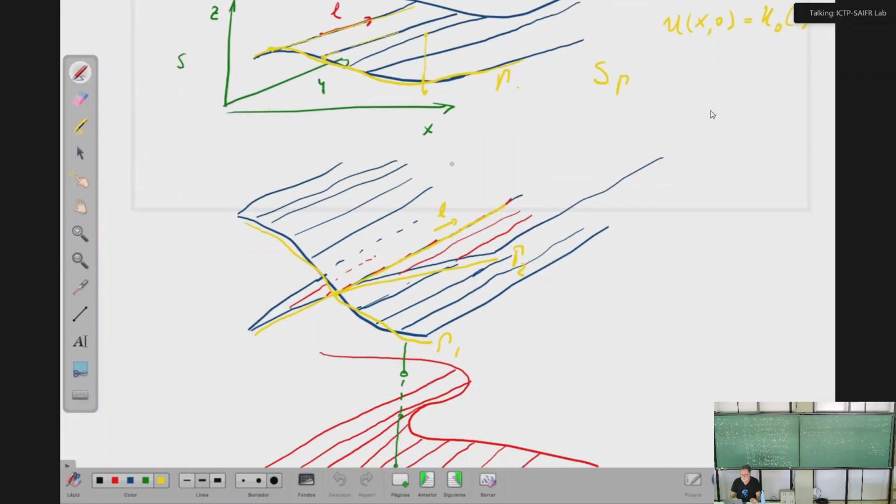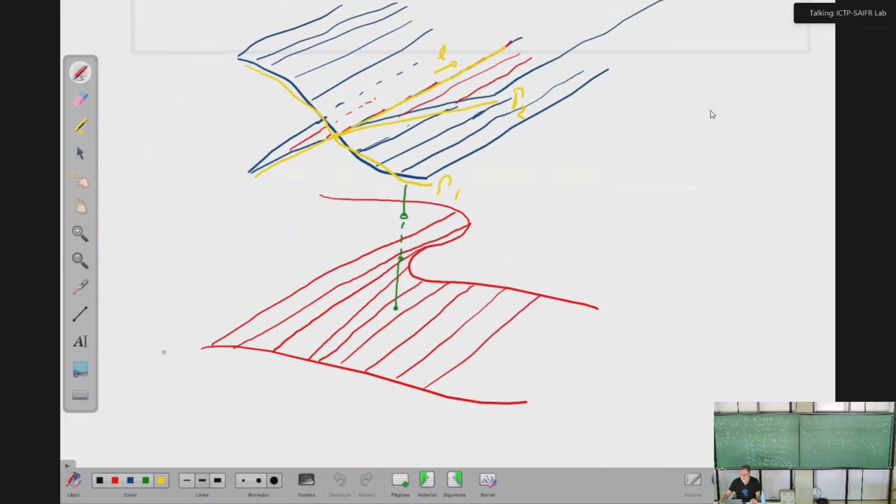But there is a problem here. Suppose I start with a nice surface here, do the evolution, and while I'm doing the evolution, following this line here, this surface can become, in the future, folded like this. So if I want to know the value here of the solution, I will find two values, or three values in this case, right?